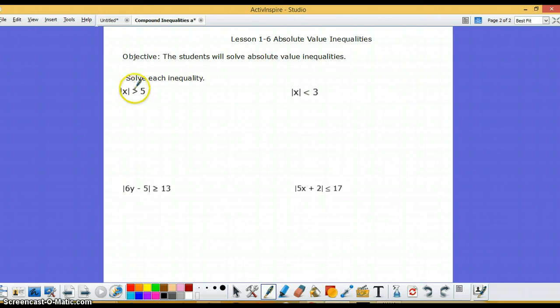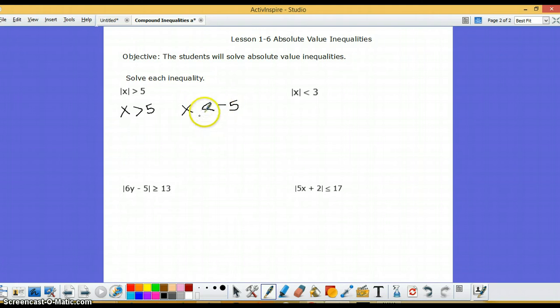So the absolute value of x is greater than 5. Okay, so if the absolute value of x is going to be greater than 5, remember this x could be positive or negative. So that means that x can be greater than 5, but, and here's the kicker, x would have to be less than negative 5.